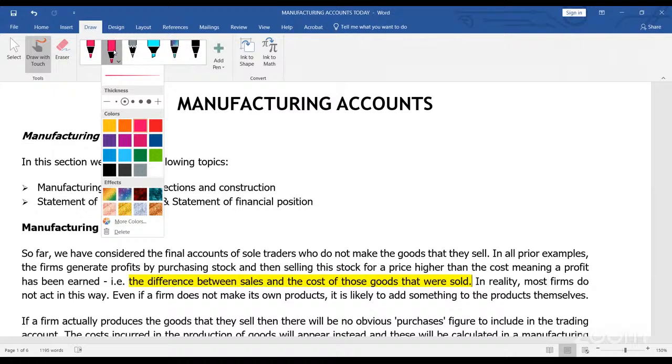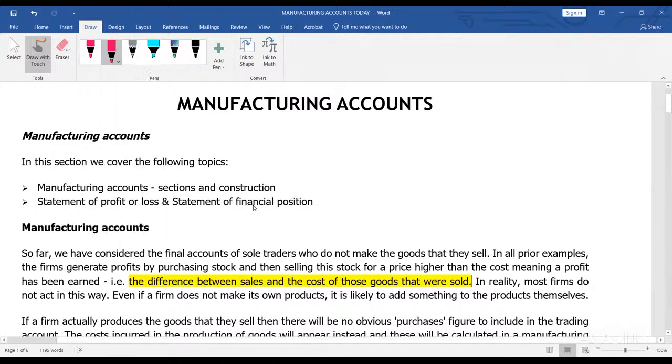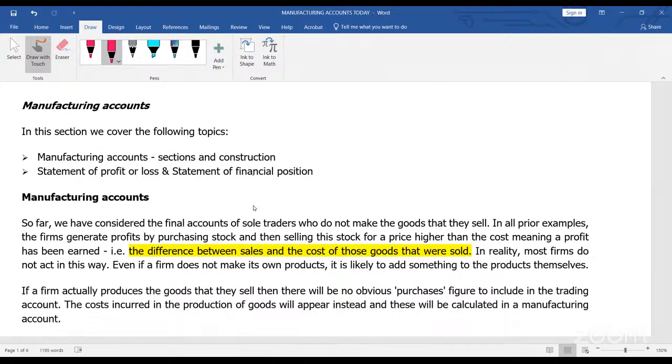Not every firm will purchase stock and sell at a higher price. Even if a firm does not make its own products, sometimes it adds something to the products itself. So we have those businesses that deal in manufacturing of products. So how do they do it?